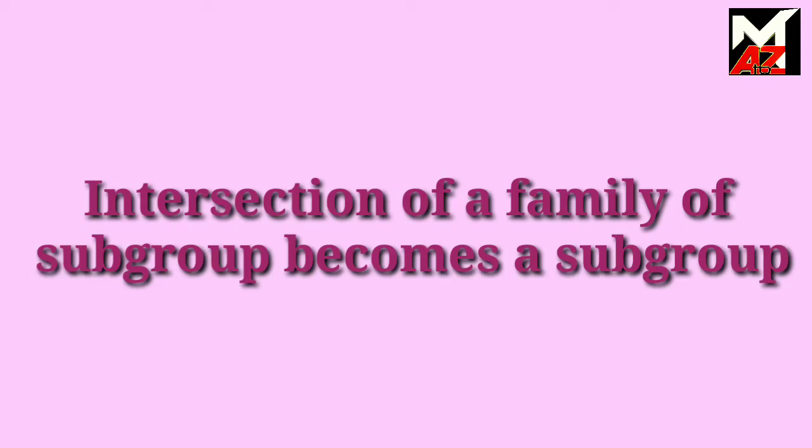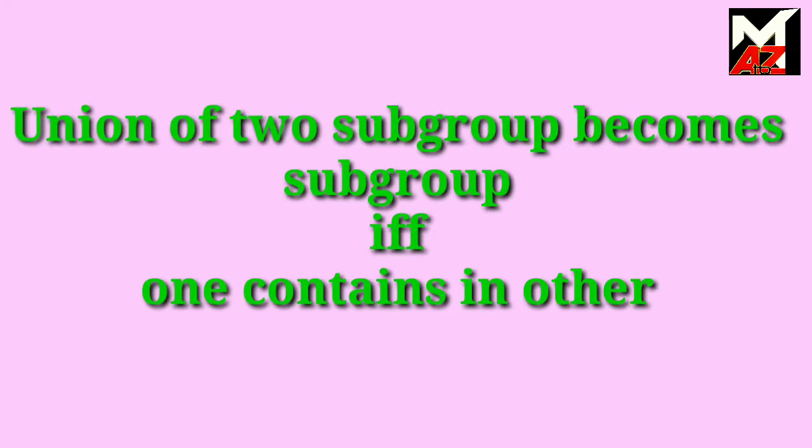We already know from the previous class of group theory that the intersection of two subgroups of a group is always a subgroup of the group. But the union of two subgroups is not always a subgroup of that group.